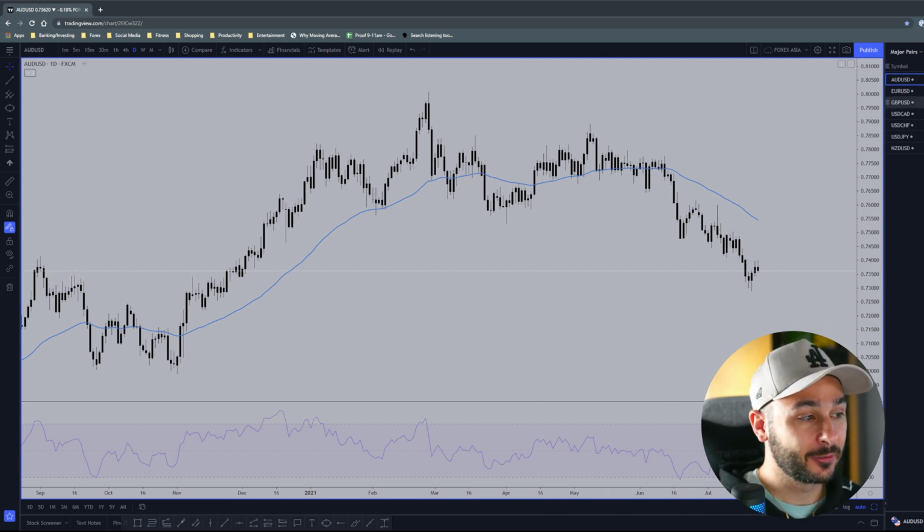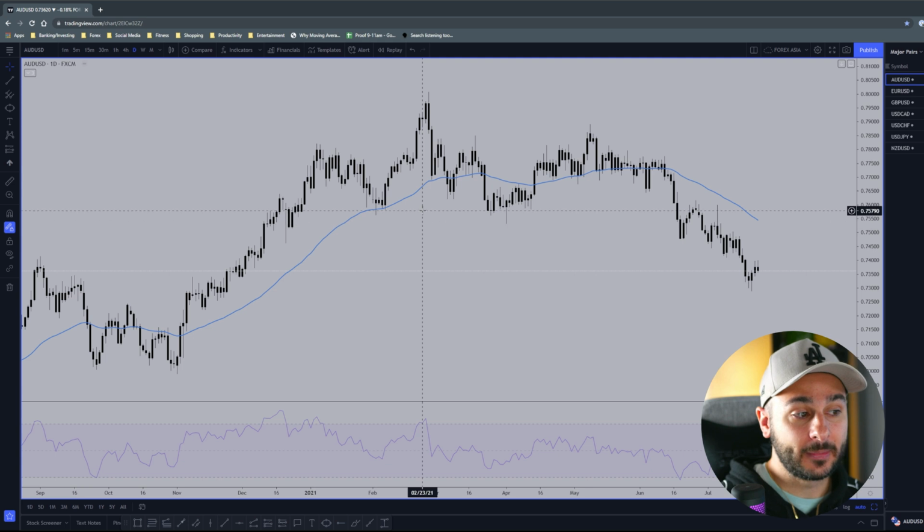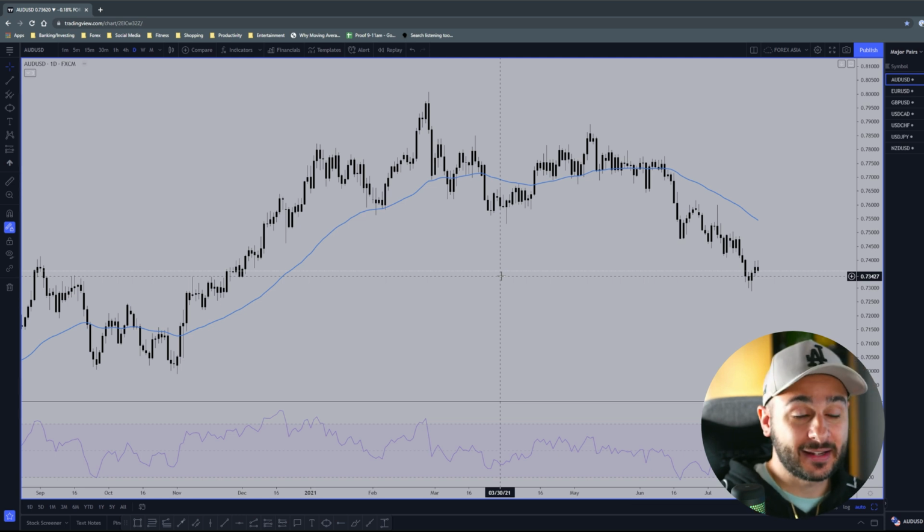So let's go through the major pairs and let's find some trading opportunities and how we can take advantage of them. In this example, we're going to be using the 50 exponential moving average. This is kind of the bare bones and structure of the D1 system in AceFX that has amazing opportunities on the lower time frame, which we traded on the 1 minute and 15 minute.